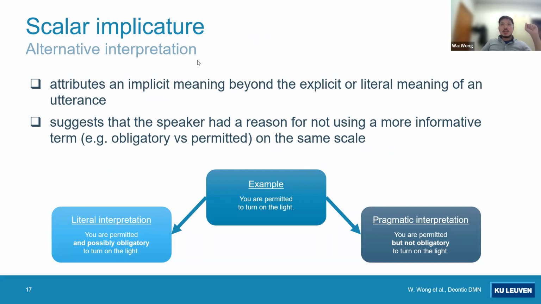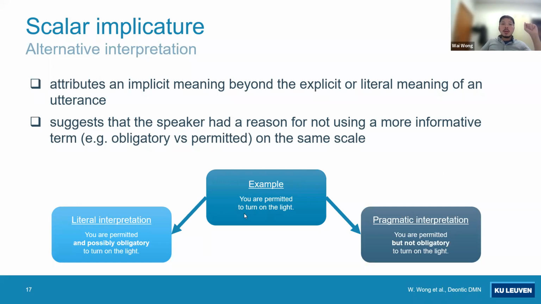Basically, it is a tendency of people to attribute implicit meaning beyond the explicit literal meaning of a sentence. It suggests that the speaker has a reason for not using a more informative term. You can say that obligatory is more informative than permitted on the same scale. Let's go with an example.